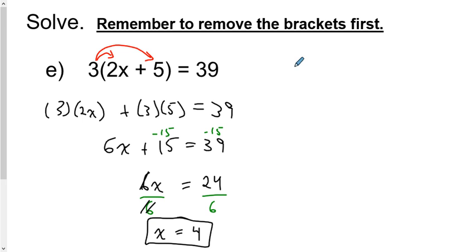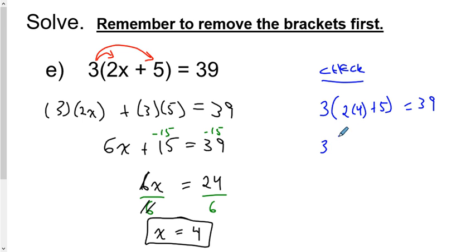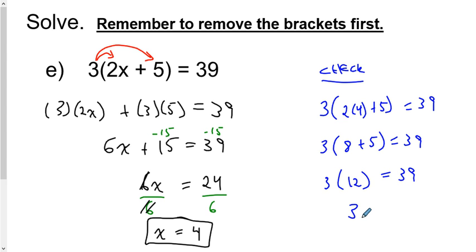We can check if this works too, right? Let's do a quick check. This check will work anytime. Let's take our equation, 3 times, 2 times 4, we're going to put a 4 in where our x was, plus 5 equals 39. Let's see if that's true. So, inside the brackets, 2 times 4 is 8. 8 plus 5 is 12. 3 times 12 is 39.